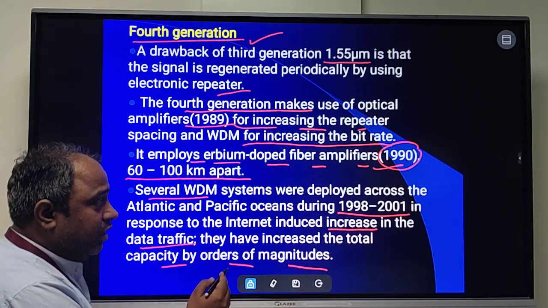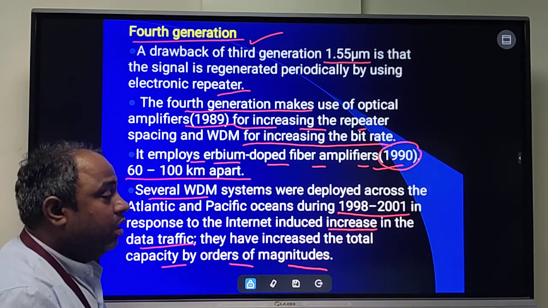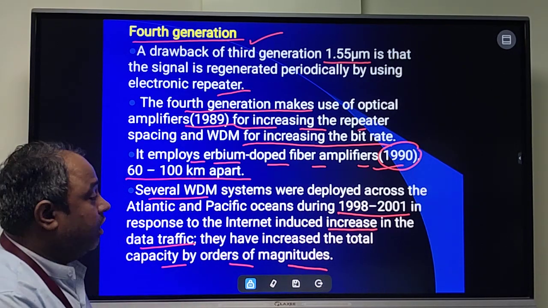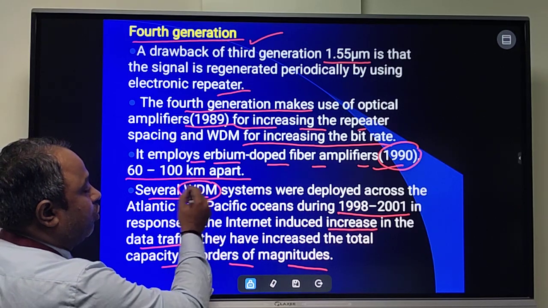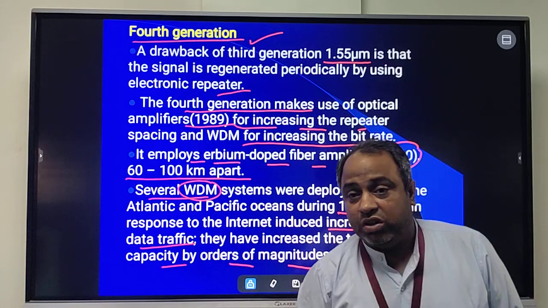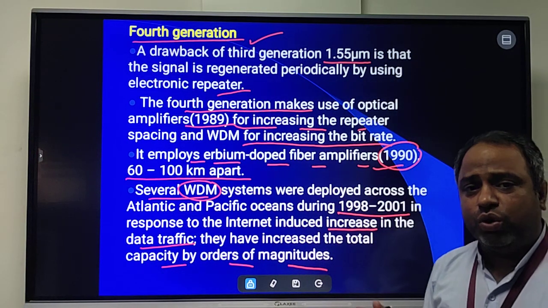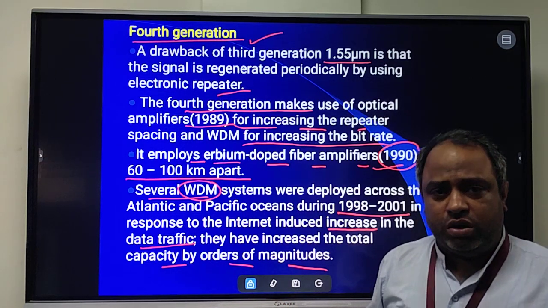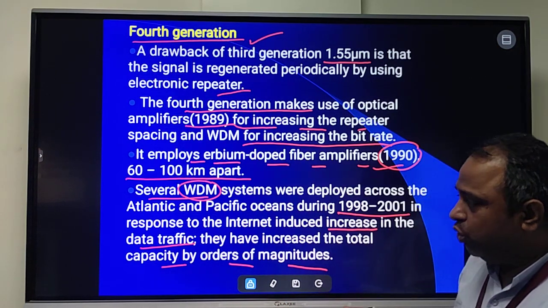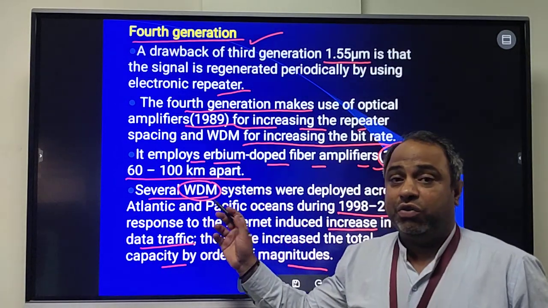Definitely, when the data requirement is higher, a system has to be developed, and at that time we use WDM, wavelength division multiplexing. It means you can send multiple signals simultaneously, and receive your signal whenever you want according to your requirement.